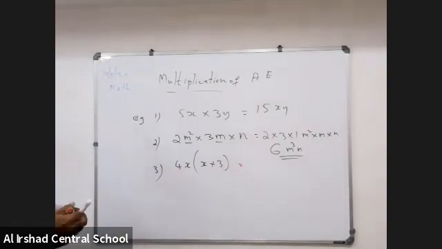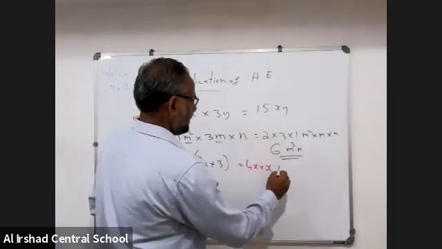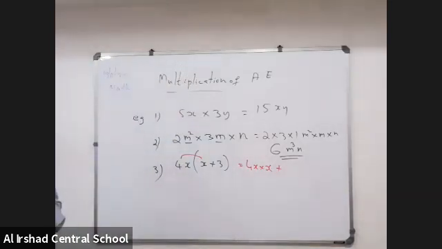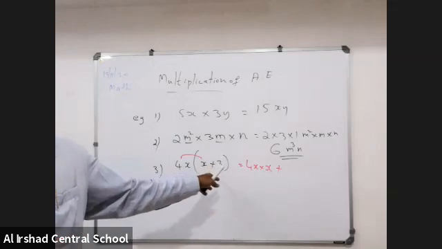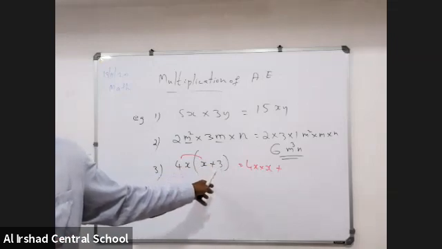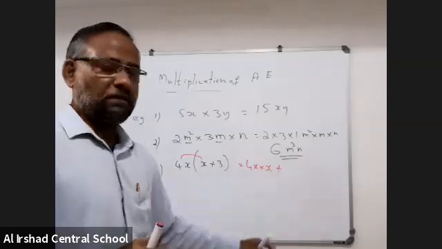Whenever it is outside the bracket, 4x into x, plus what, tell me? 4x into x plus 4x into what? I am standing here, you have to see the whiteboard. I think you cannot see the whiteboard? Yes. Now look here, tell me what I had to write here. 4x into x I wrote, then after that, can I write plus 3?